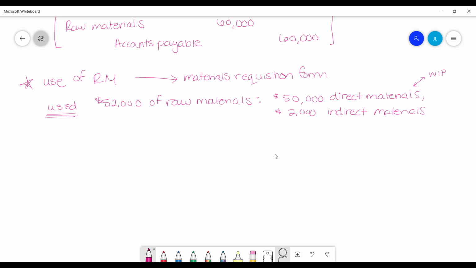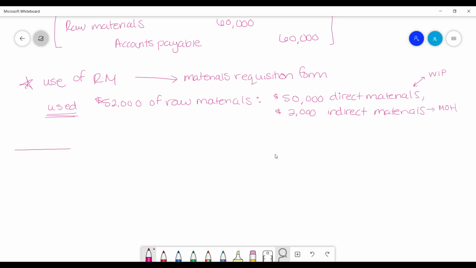And we for sure know that we use $2,000 in indirect materials. Well, indirect materials, remember, what category do they qualify as? Remember, manufacturing overhead is all your indirect costs. So the $50,000 of raw materials that is considered direct material is going to be used for direct materials purposes, needs to be moved into work in process, where the $2,000 of it that's indirect materials is going to be moved into the manufacturing overhead account.